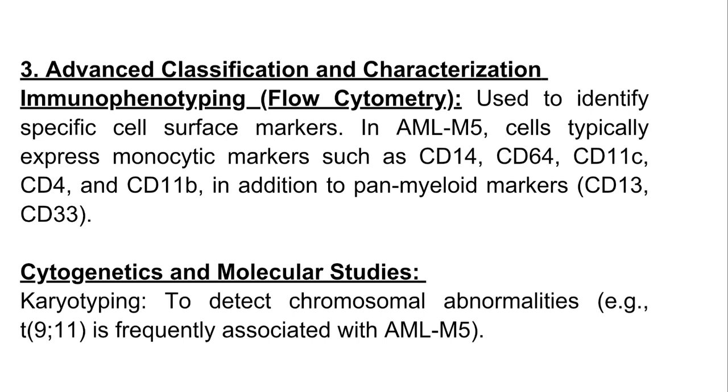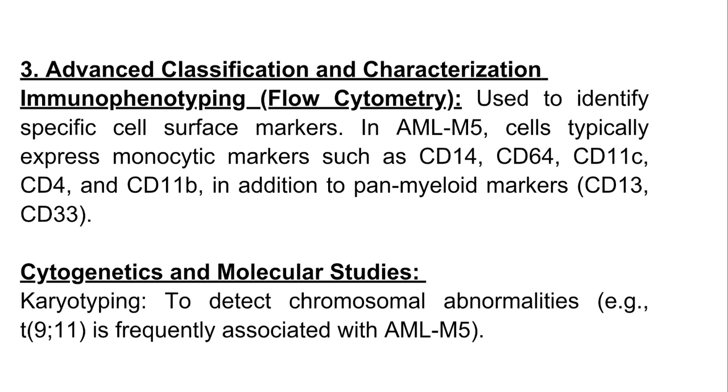As we move into advanced classification and characterization of AML-M5, our focus shifts to two main techniques: immunophenotyping and cytogenetics. First, immunophenotyping through flow cytometry is crucial. This technique allows us to identify specific cell surface markers that are characteristic of AML-M5.